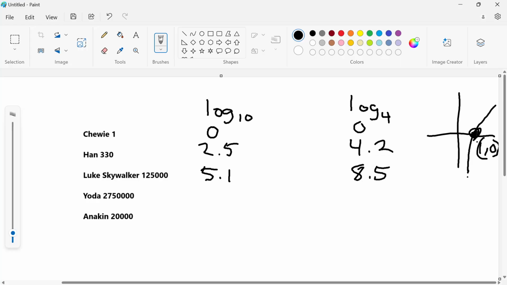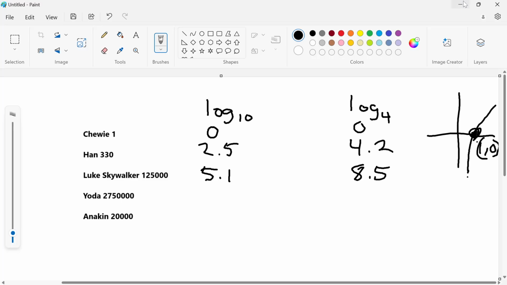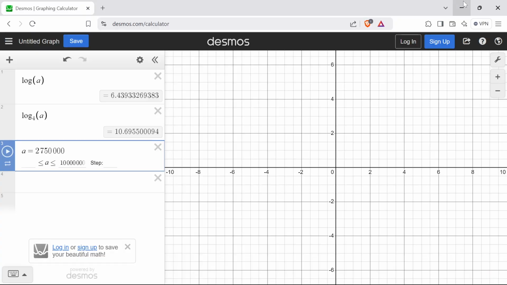You notice the log base 4 numbers are bigger. It takes a larger power of 4 to get to the same number as a power of 10. So the log base 4 is going to be a less condensed scale, more drawn out. It's going to take more room. Yoda, 2,750,000. Yoda comes out to about 6.4 and about 10.7.